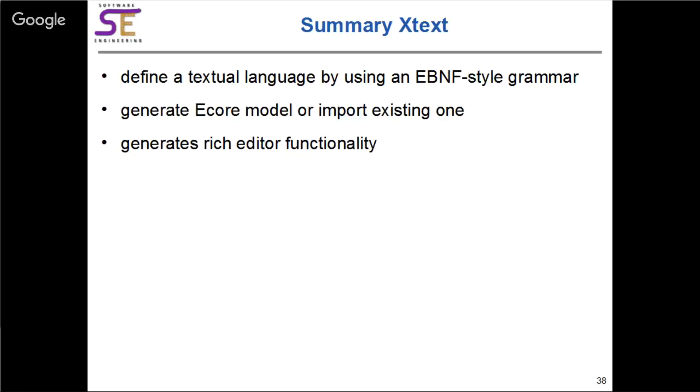This is a framework where by just giving a grammar definition, it generates rich editors with syntax highlighting, refactoring, autocomplete, and so on. And we can easily extend it by validation rules.